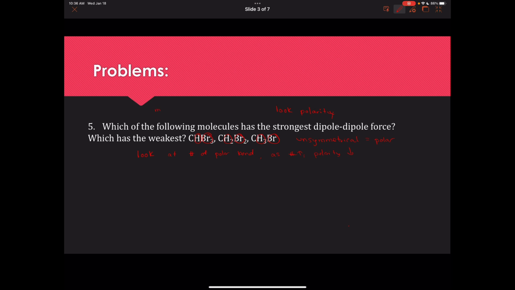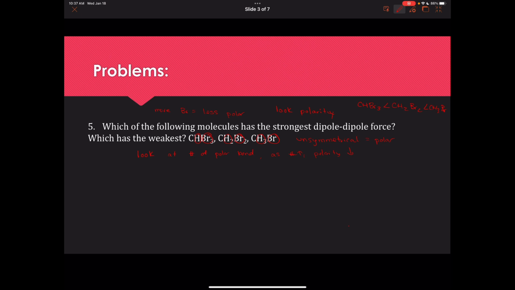The more bromines we have, the less polar my molecule is. So if we were to judge based on that, we would have the CHBr3 being the least polar, then the CH2Br2, and then the CH3Br. But we could also draw these out.